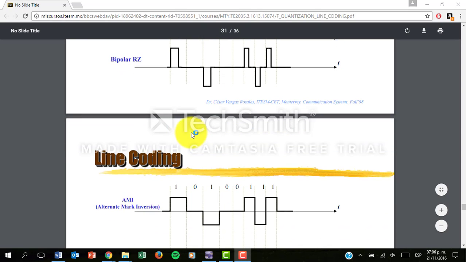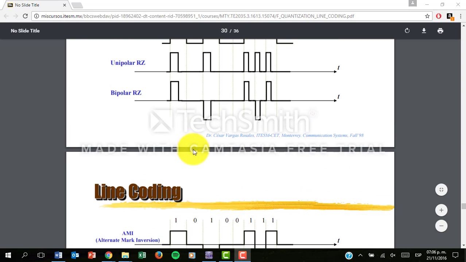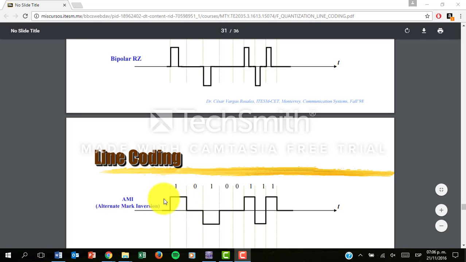The main characteristic of both is that the first one starts at a high state, but on the next one in the input, the signal goes to a -1, or lower state, and for a 0 it remains in a neutral state.